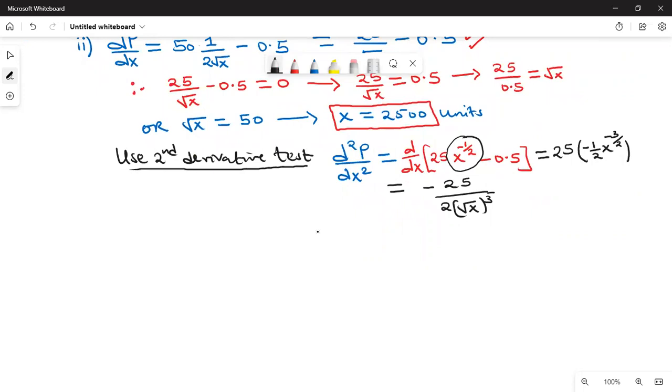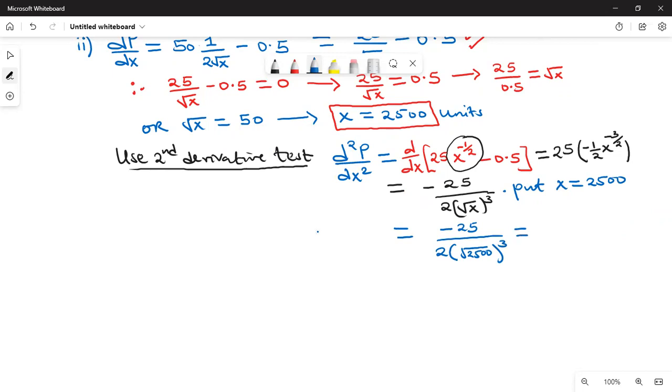Now, when you substitute x is equal to 2500, what are we going to get? It will be negative 25 divided by 2 times the root of 2500, and this is supposed to be cubed.